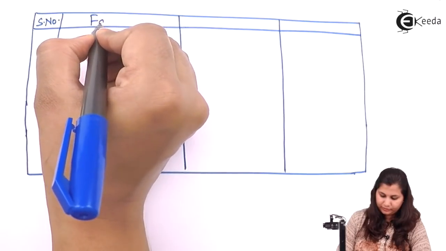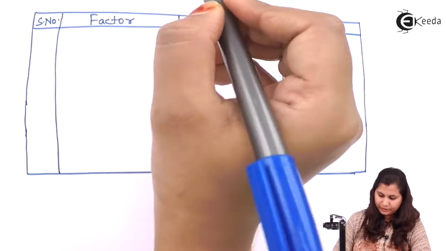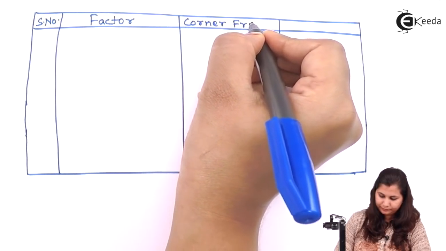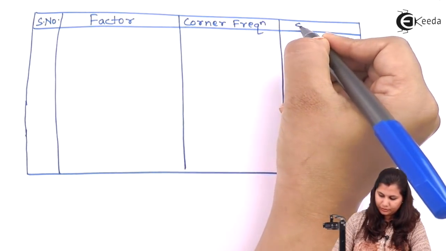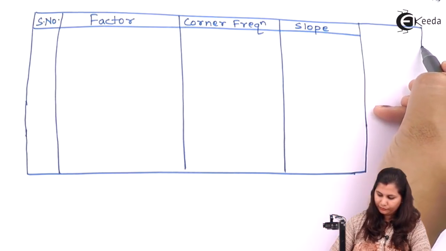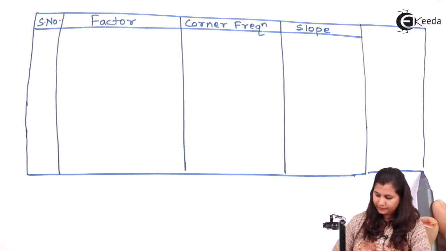This is the factor, it is the corner frequency, it is the slope, and then we will make a column for the remarks.